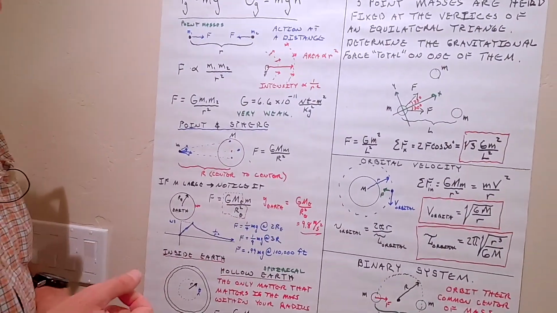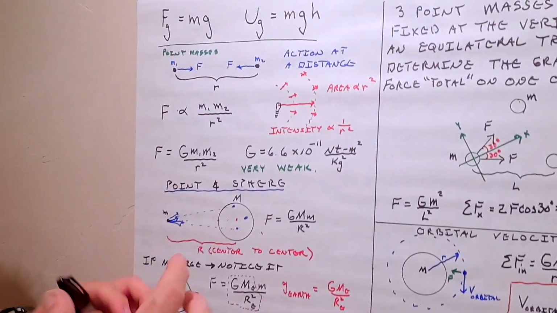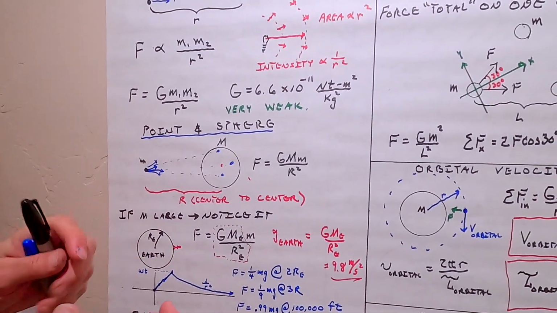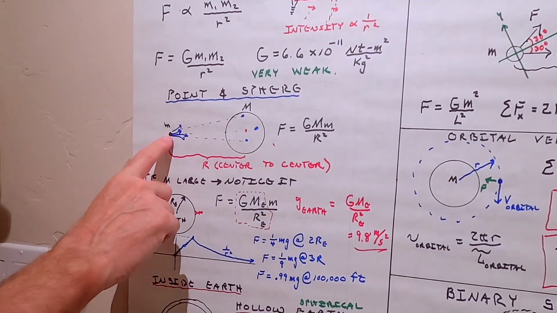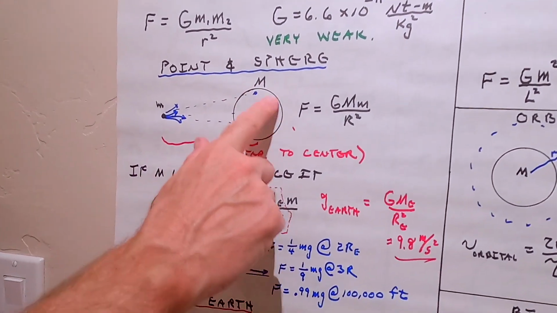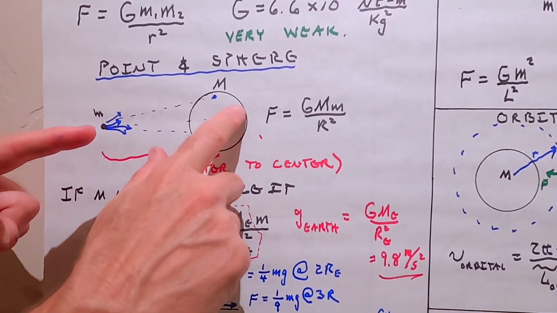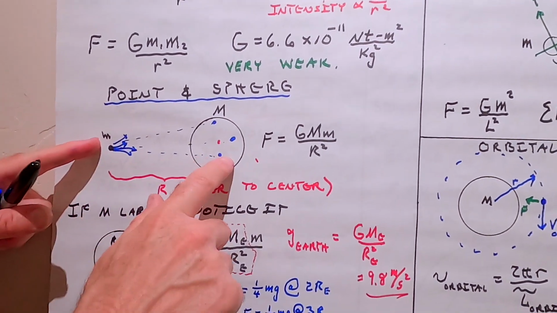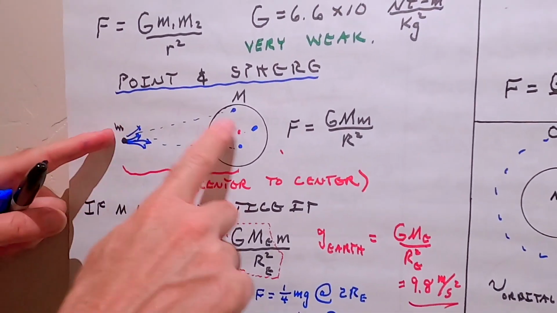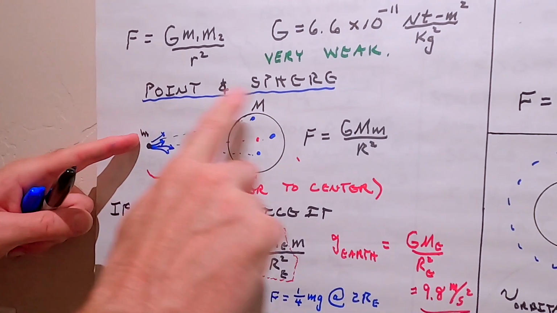Well, we're not dealing with point masses, we're dealing with planets and spheres. So let's say we have a point and a sphere right here. Well, the sphere is made up of a bunch of points, so you'd have to add up all these forces. There's an infinite number of them.